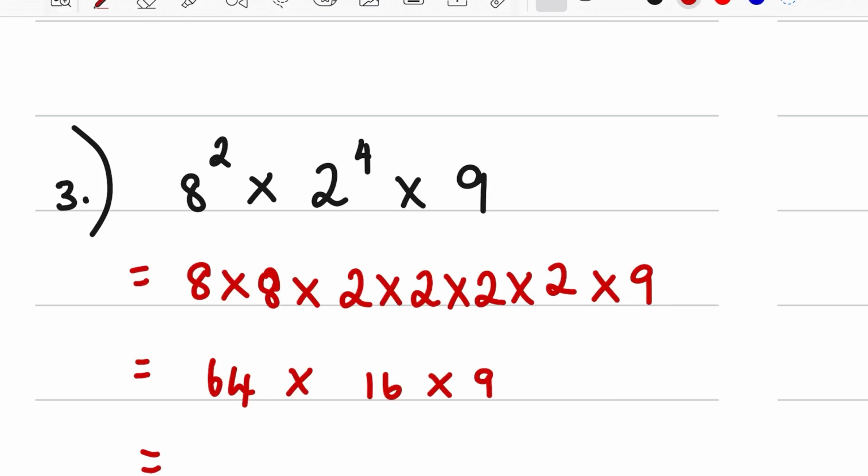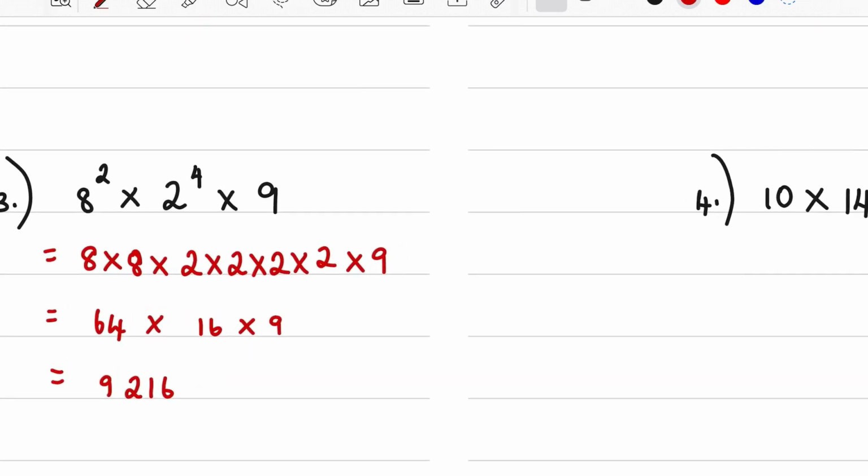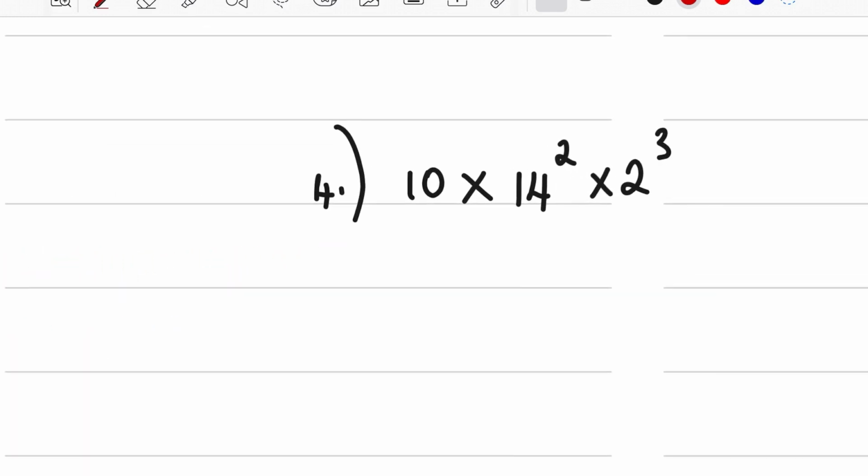Then we have the times 9. So now we multiply 64 by 16 by 9. This is 9,216. Again, work it out manually, work it out with a calculator. Either way is fine. Let's move on to question 4.